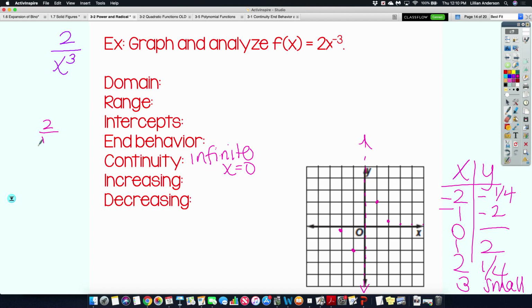What's 1/2 to the third power? 1/8. If I flip it, that equals 16. The smaller the number gets, what's happening to the y's? They're getting very big.